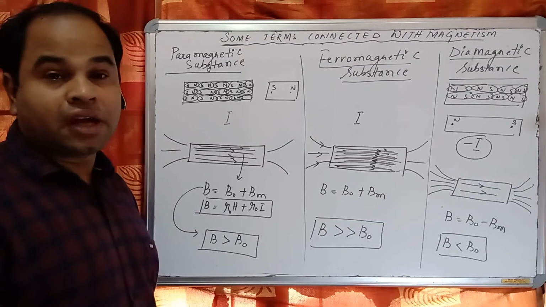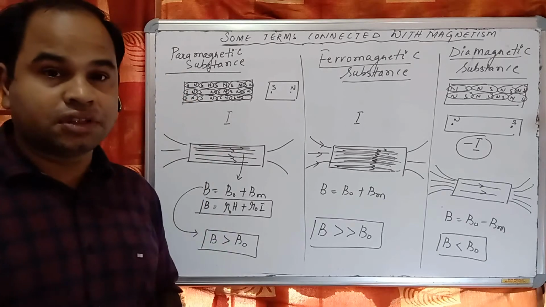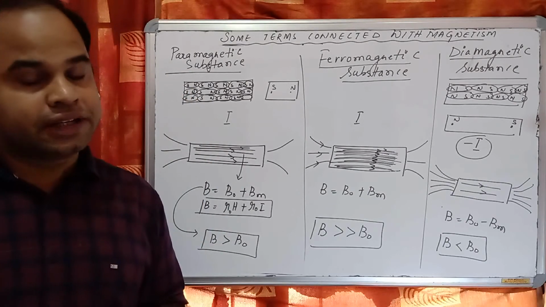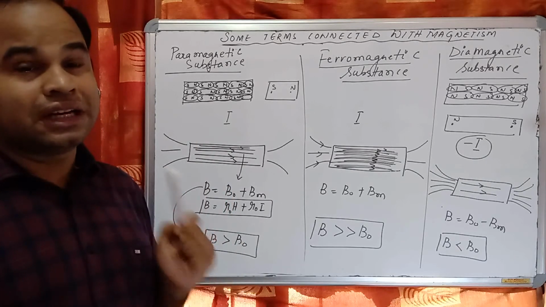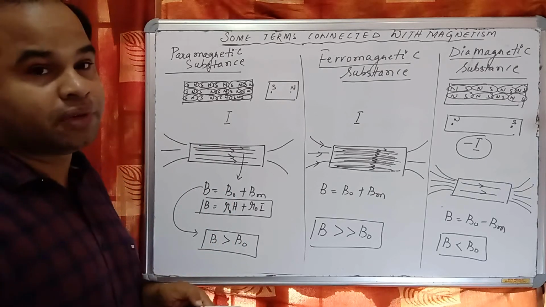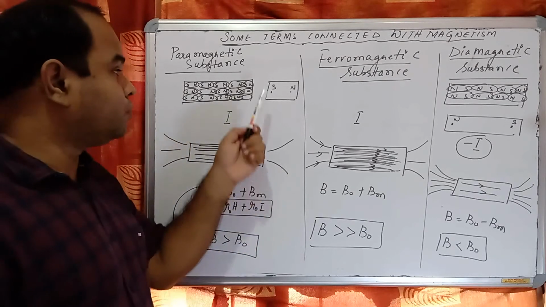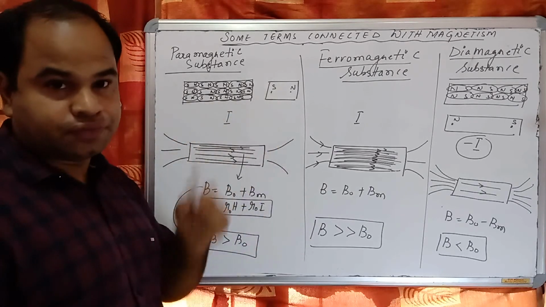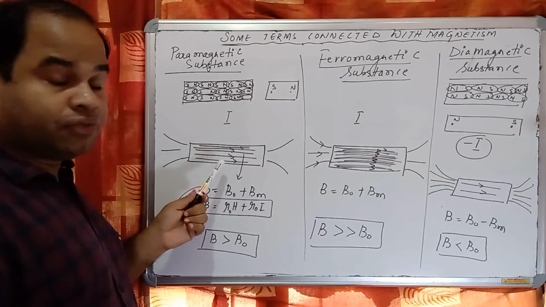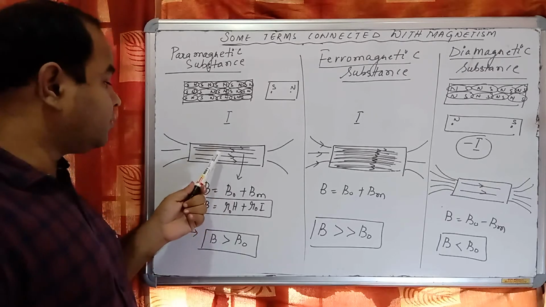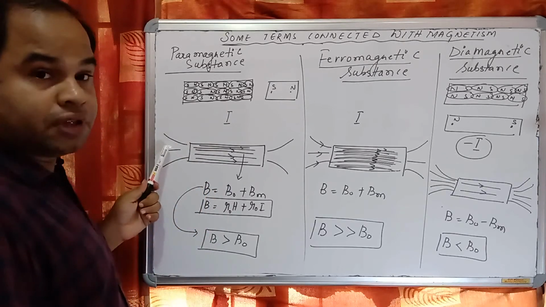I discussed that when a paramagnetic substance is placed in an external magnetic field, the dipoles which are aligned randomly inside the paramagnetic substance are aligned in a particular direction. After that poles are induced. The number of field lines inside the paramagnetic substance is more as compared to outside.